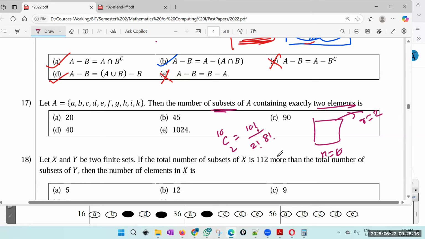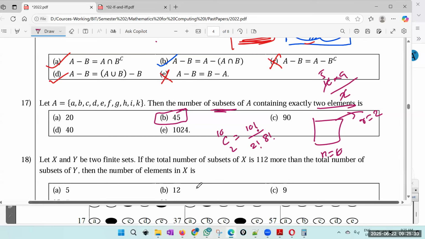So 10 into 9 remains because other things get cancelled out. 10 into 9, and here we have 2 because 8 factorial gets cancelled out. And this is 5. 45 ways. So it looks like sets, but actually it's a combination. B.